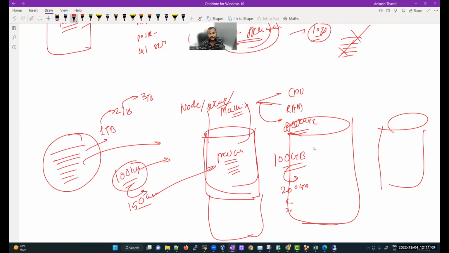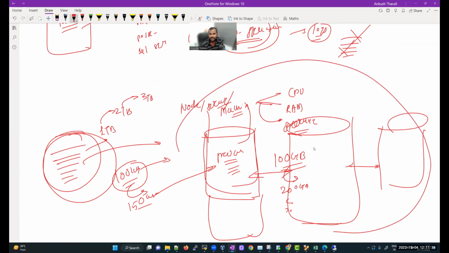So what I mean to say is, when you have a huge amount of data that keeps increasing, a single server cannot process it. For that you need to add multiple servers, and these multiple servers are connected internally to each other and behave like a single machine.